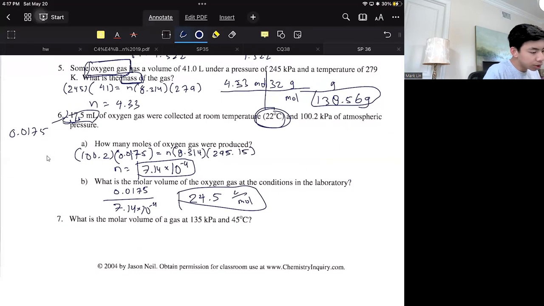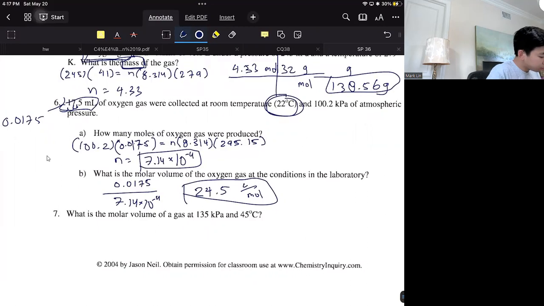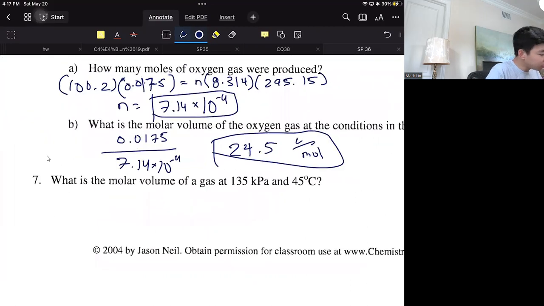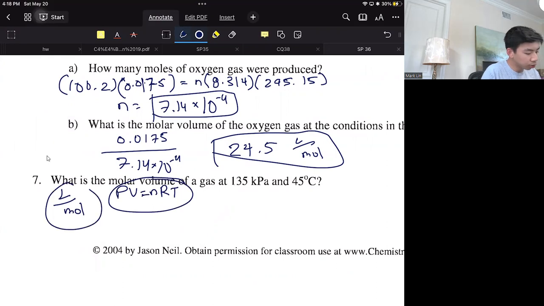Okay, number 7, last one. What is the molar volume of a gas at 135 kilopascals and 45 degrees Celsius? So molar volume is liters over moles, as we said earlier. So using PV equals nRT, you can manipulate this to get liters over moles, right?